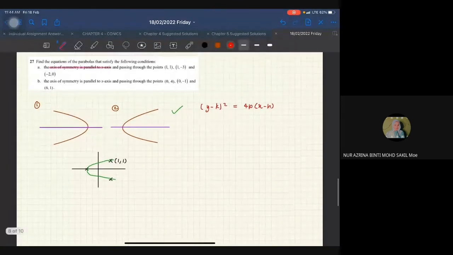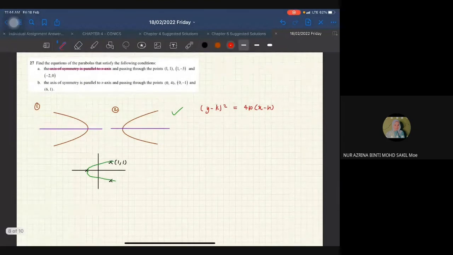Alright, so macam mana kita nak cari equations for our parabola? So there are three things that you need to find. So you need to have the value of k. Mesti ada nilai k. You need to have p. You need to have h. Okay, so ada 3 variable yang awak tak tahu. So bila kita ada 3 variable, 3 unknown, you need to have 3 equations to find all the unknowns.